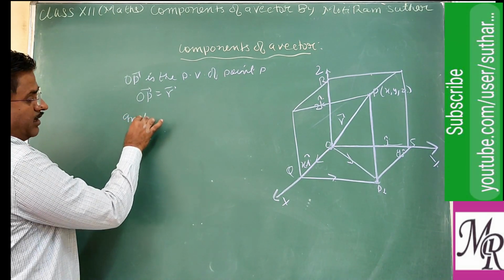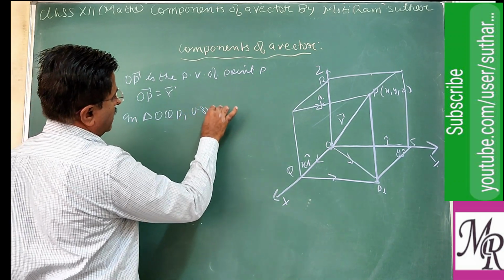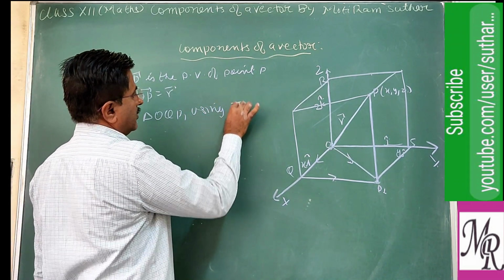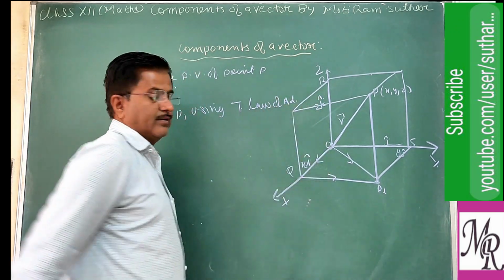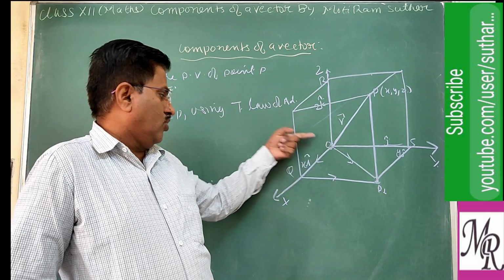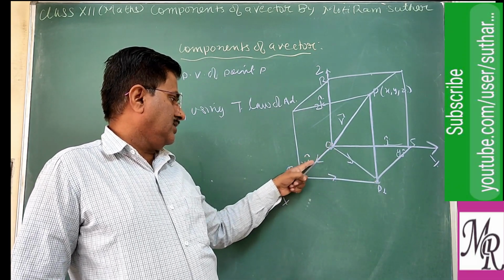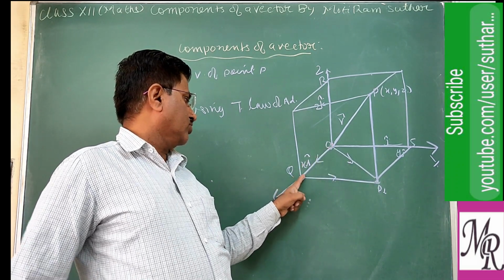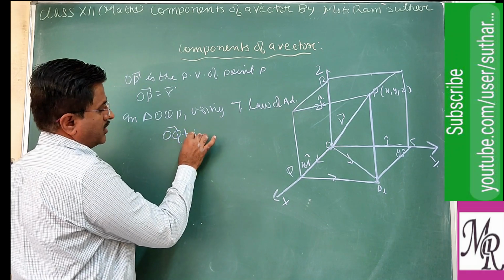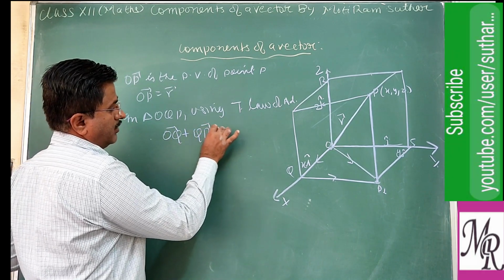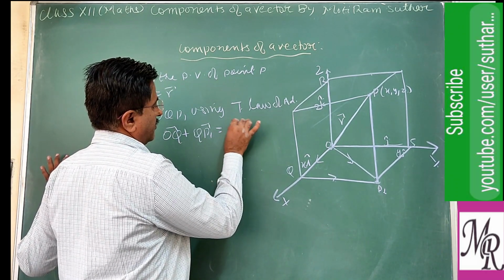So in triangle OQP1, using the triangle law of addition, see in this one, OQP1. So direction is important here. Vector OQ plus vector QP1 is equal to OP1.